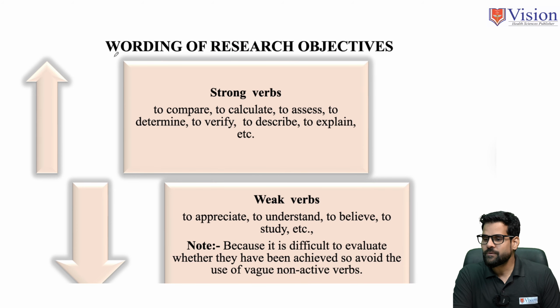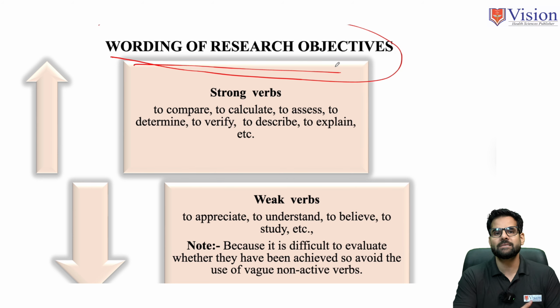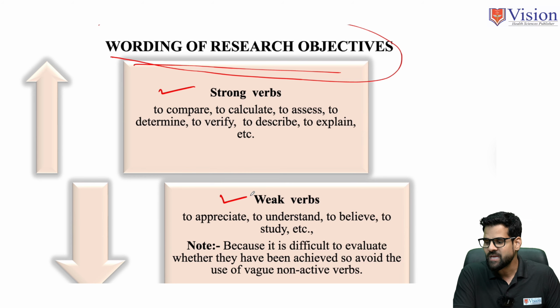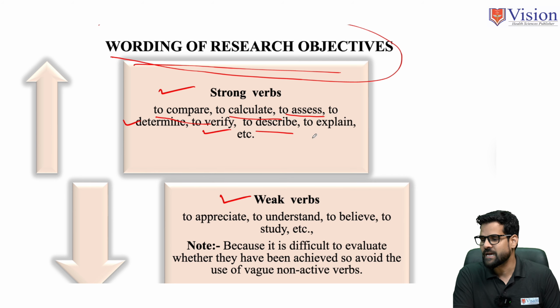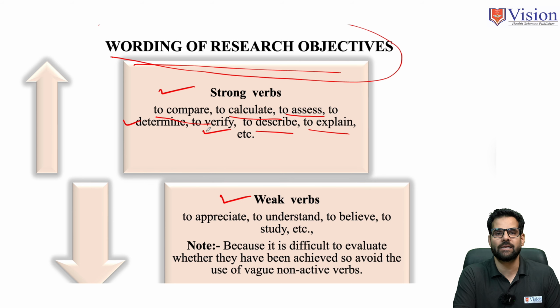Now there's another important point, wording of the research objectives. What is the wording of a research objective, meaning what kind of words and verbs should you use in a research objective? So there are two categories: strong verbs, which are always desirable, versus weak verbs, which you should not use. Strong verbs are like to compare, to calculate, to assess, to determine, to verify, to describe, to explain, etc. These are the strong verbs.